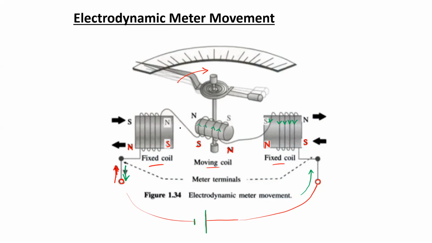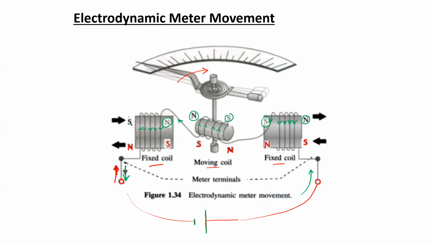And again, when we reach this other fixed coil, the current direction will again be downwards. So again, similarly, we can apply the right hand thumb rule to determine the north and south poles. So this would be the north and south poles for the fixed coil. This would be the north and south poles for the moving coil.